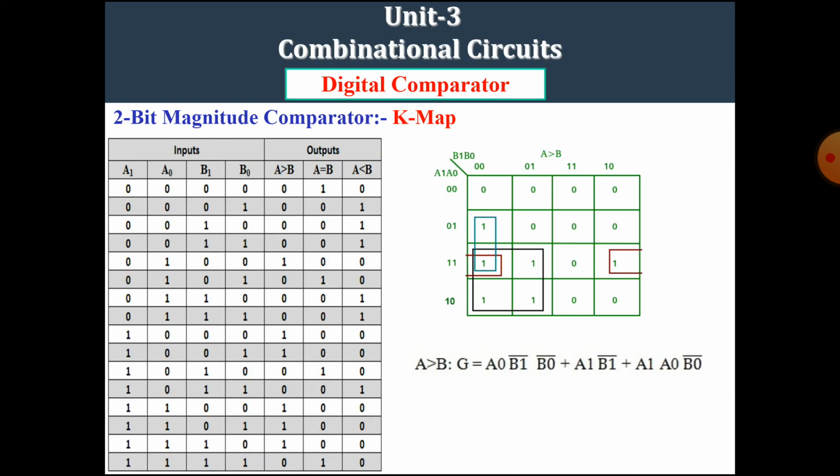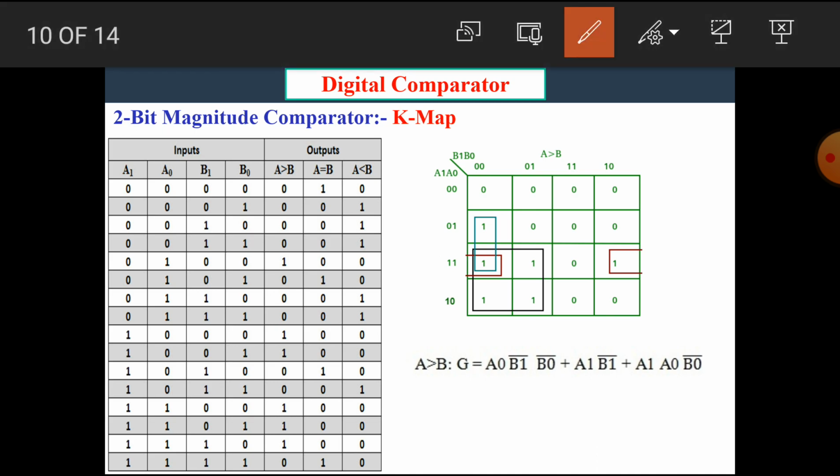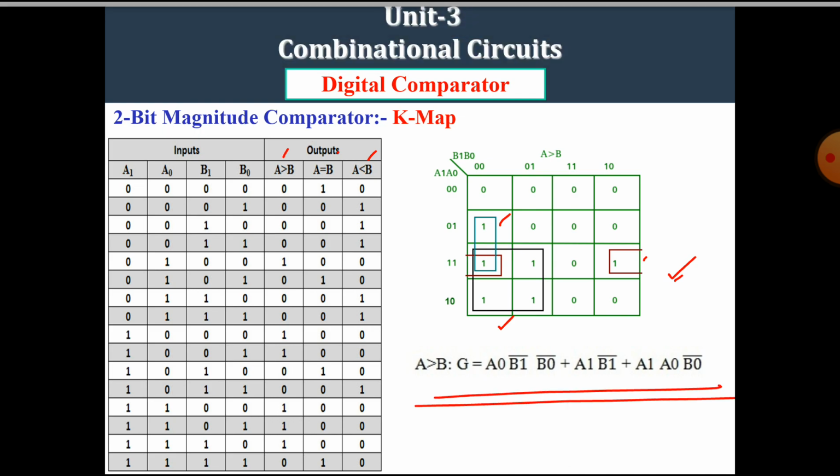Depending upon this truth table, we can find the K-map for A greater than B, A equal to B and A less than B. For A greater than B, we draw a K-map and we get one quad and two pairs like this. Depending upon this K-map, we get the equation here.